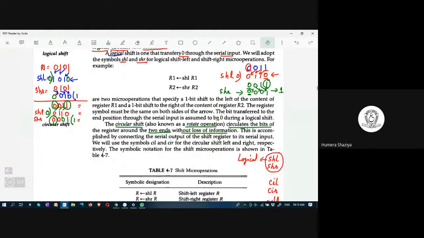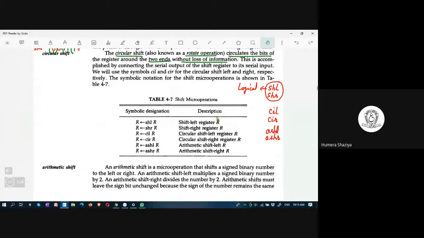But in circular shift, there is no loss of information. If you take an example, 0011, all the bits are preserved. There is a change in their position, but no bit is sent out. Only the position changes.